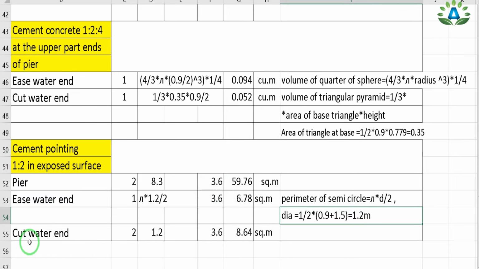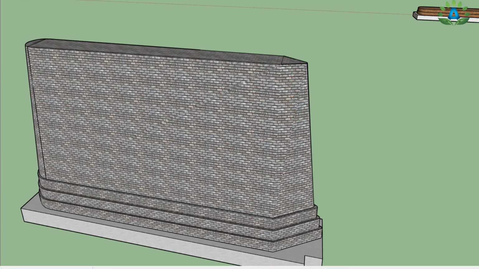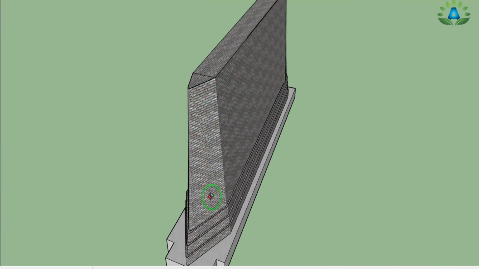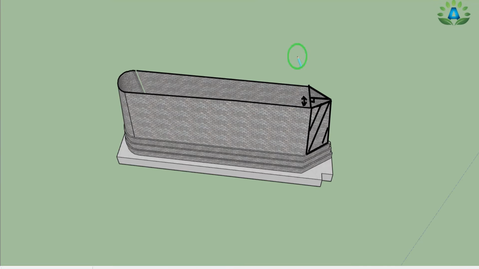And lastly our cut water end portion, that means we have this triangular portion on this side and on this side. So obviously we have two of these cut water end portions. Now we are going to do the pointing on this side and the back side. For this we need to calculate the incline length at its center, since we have two different incline lengths at top and bottom.